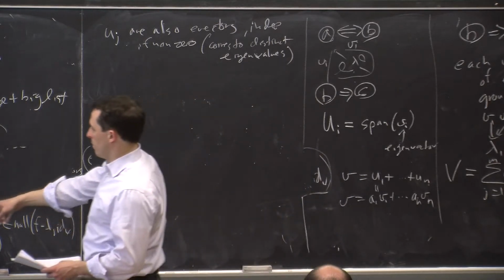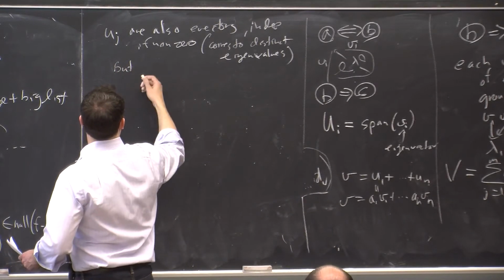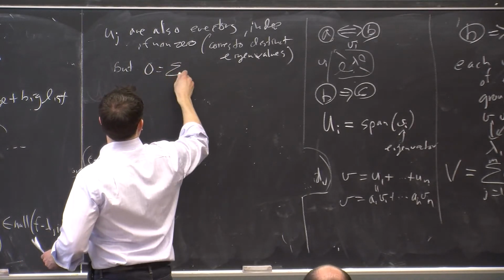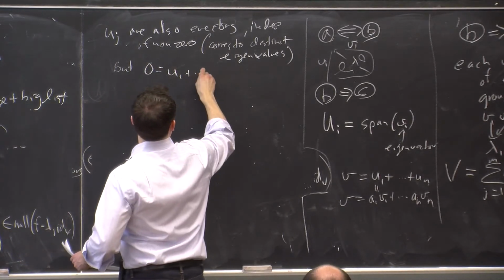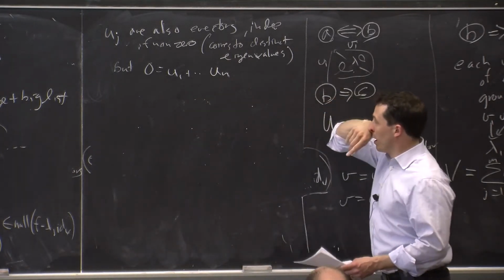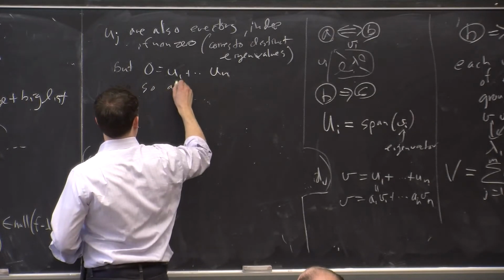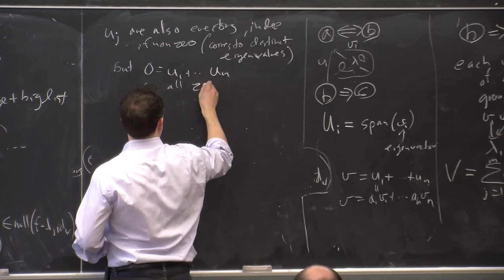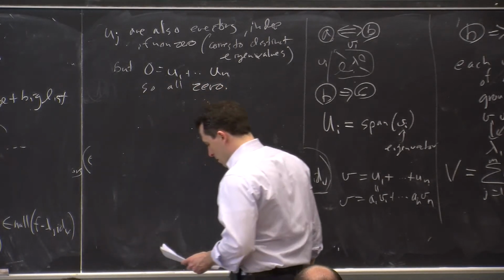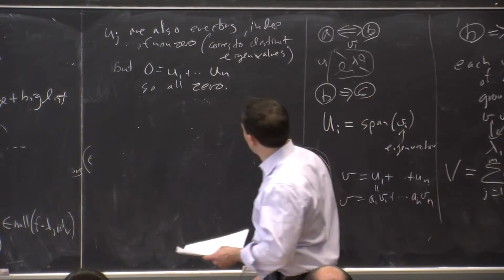But the sum of all these uj's, u1 and so on, is 0, and they're independent or they're 0, so it must be that they're all 0.